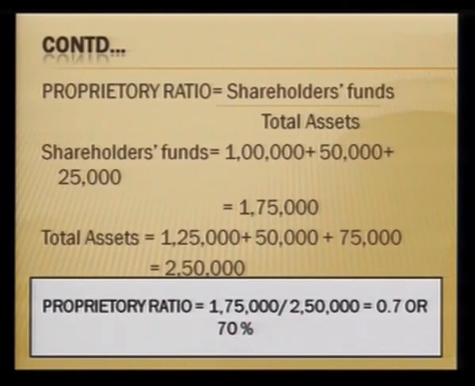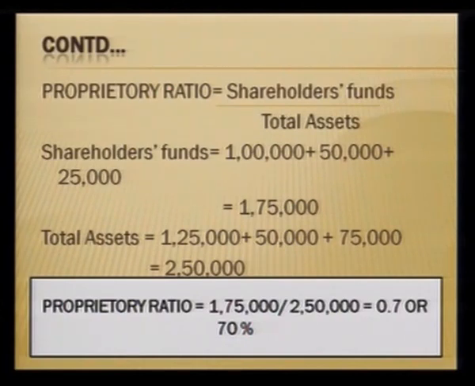Now, in order to compute the proprietary ratio, the first thing is to compute the numerator, which is the shareholders' fund. In our example, it will include the equity share capital, the preference share capital and the reserves and surplus, which account for 1,75,000, and the total assets would be the fixed assets, the current assets and investments, and they amount to 2,50,000.